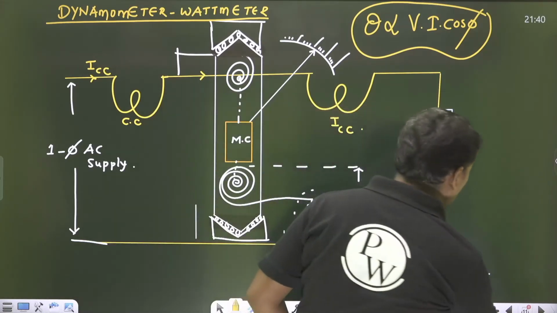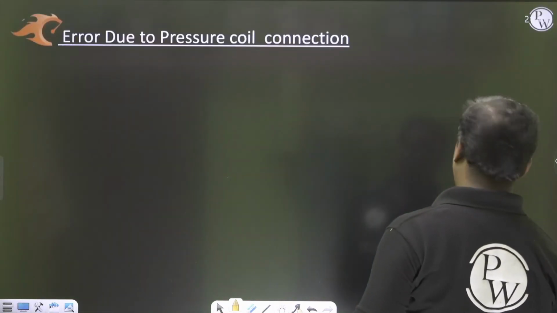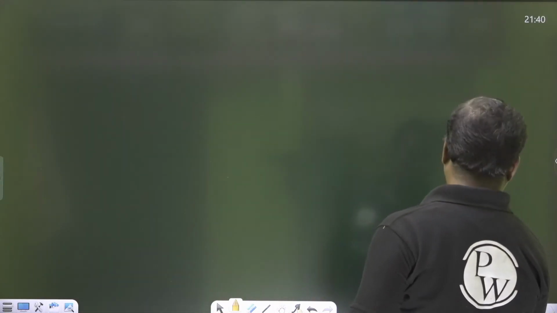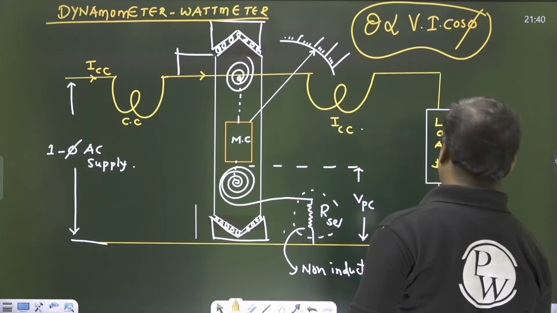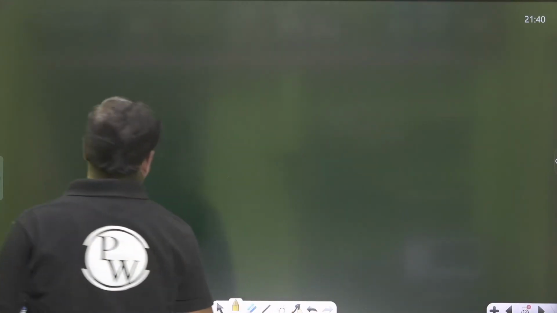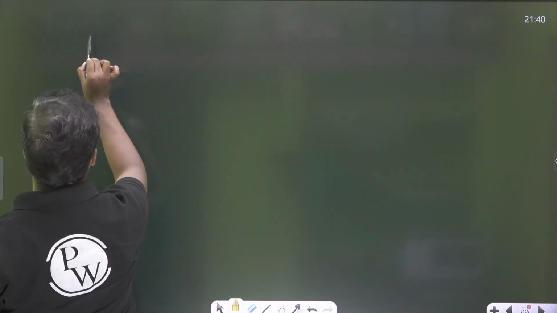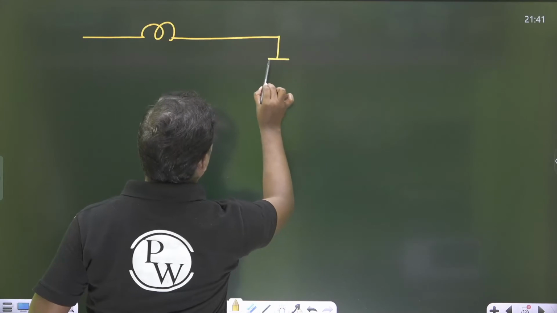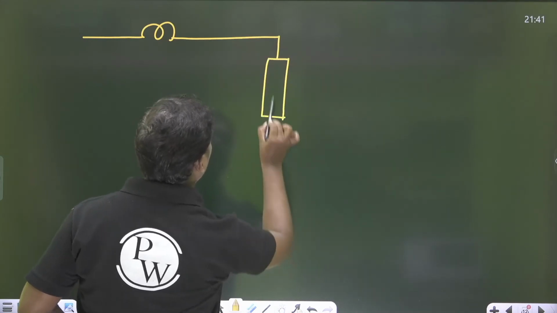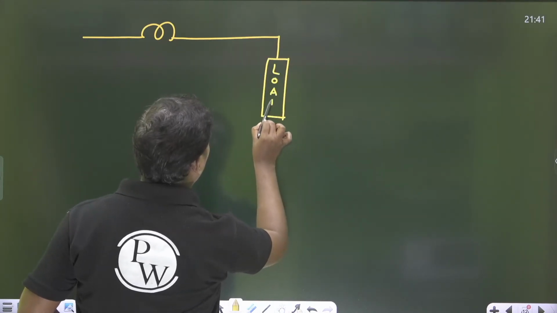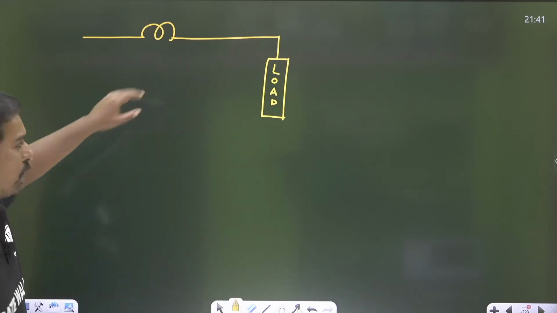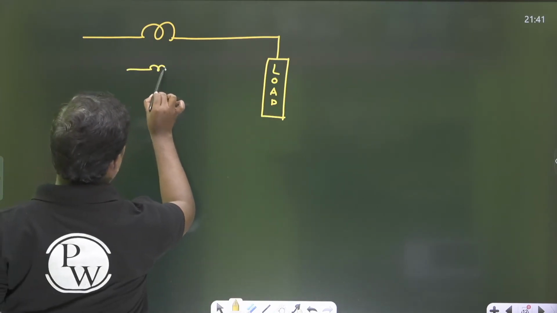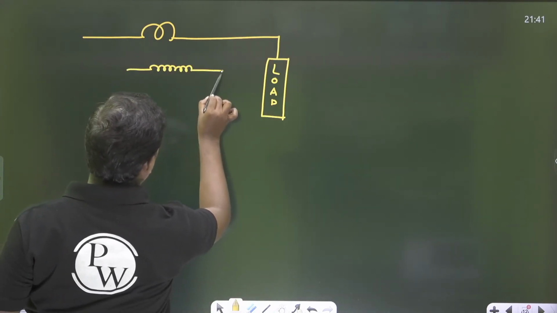So how to draw the diagram? The better way to represent the diagram here is, in textbook pictures we won't see multiple coils, we'll see only one current coil. So this is our load. Now next comes the potential coil.